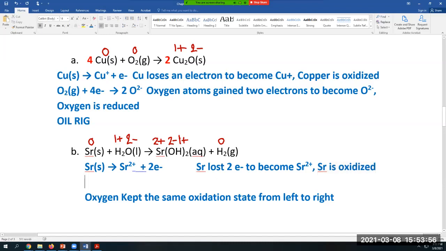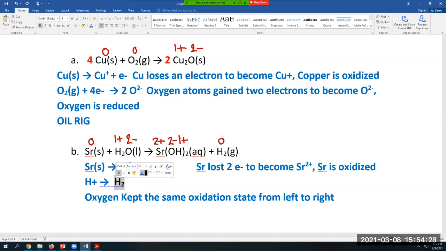And hydrogen here on the left side started as a +1. So H plus, and then it became H2 here. It also stayed H plus here, but we are not interested in the hydrogen that stays the same. We want to see if hydrogen becomes different, and here it becomes different. It becomes H2, which is oxidation state of 0.